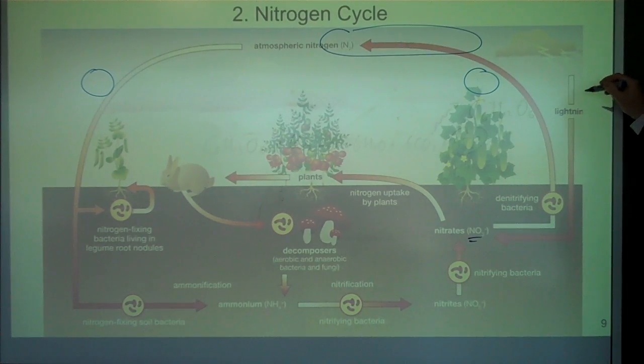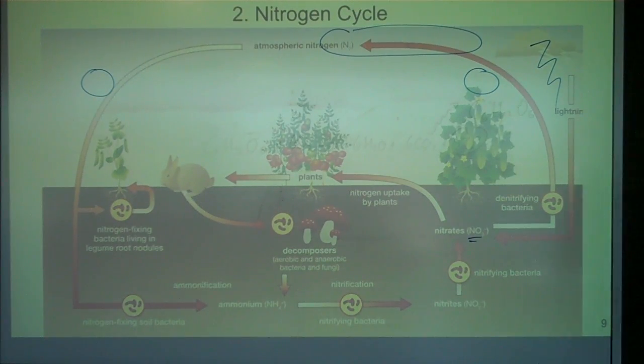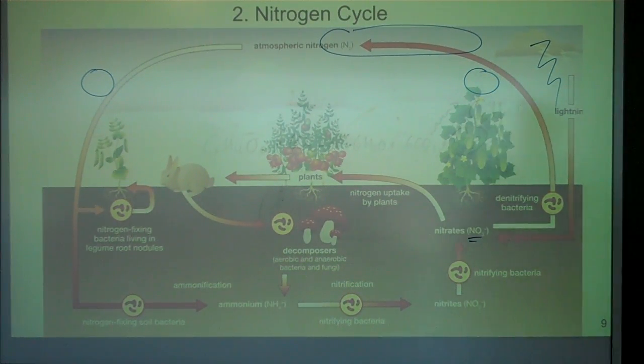I forgot this one. Lightning. It's kind of cool. Lightning is actually able, because it's high energy, so you've got your N2, which is the nitrogen gas, lightning as it comes through breaks the covalent bond in the nitrogen gas, and that nitrogen ion wants to bind to something, oxygen is nearby, and off it goes.